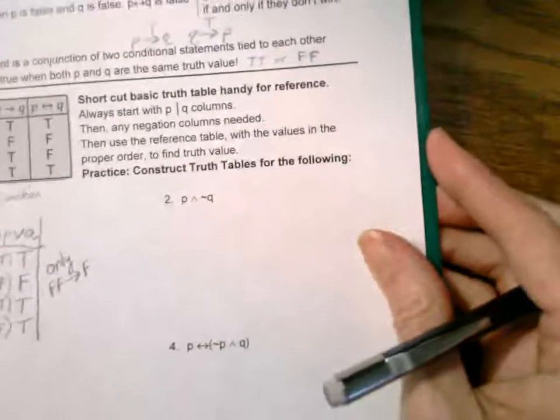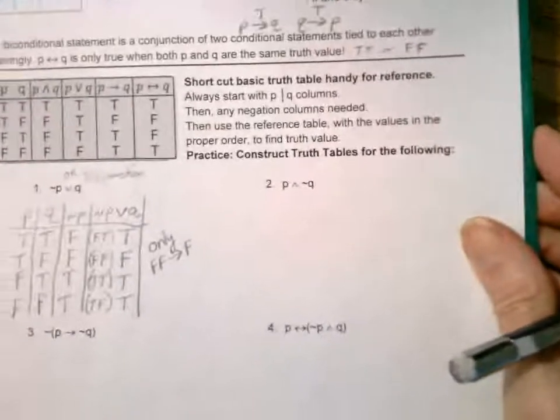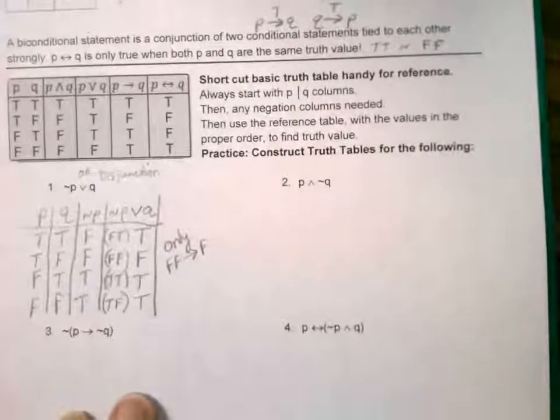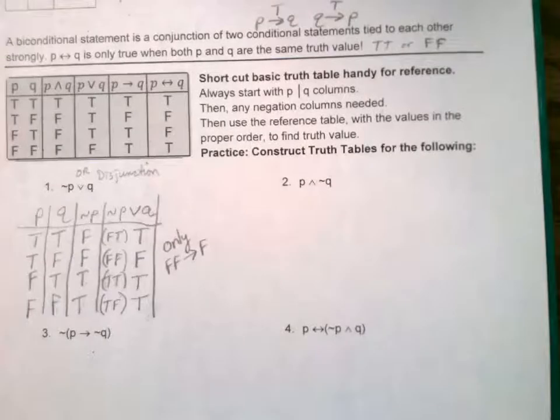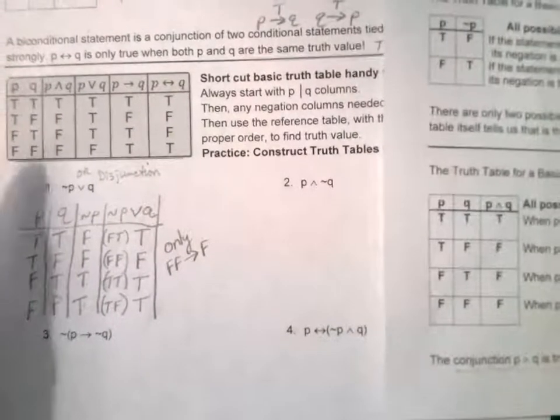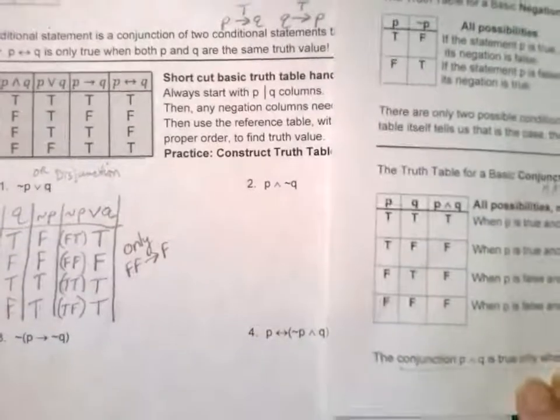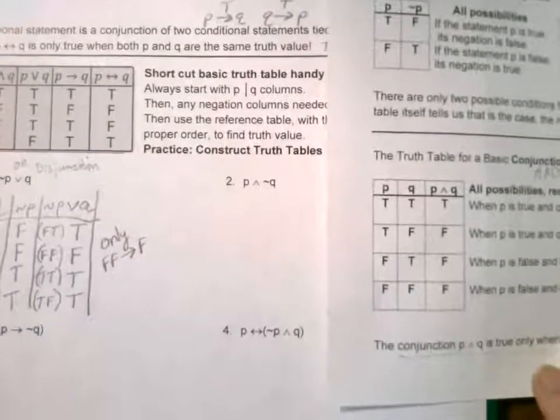Okay. So let's just practice our truth tables first. All right. This is a conjunction, and. So I'm going to keep the truth table for the conjunction next to this.